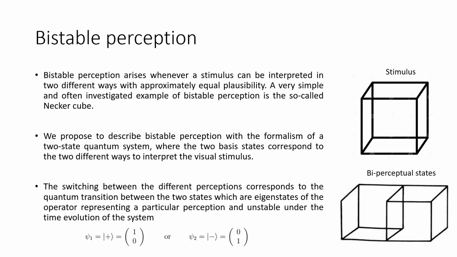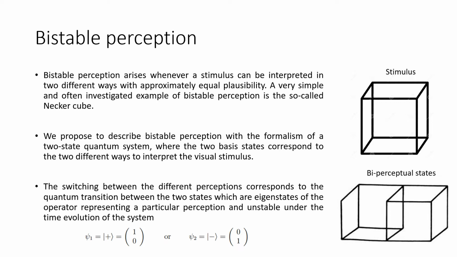We propose to describe bistable perception with the formalism of a two-state quantum system, where the two basic states correspond to the two different ways to interpret the visual stimulus, that is the cube. As can be seen in the picture below, there are two types of states that can be perceived in only one type of stimulus shown above.